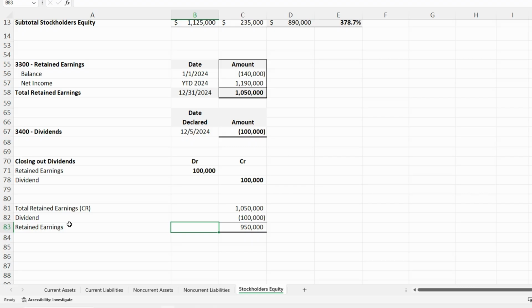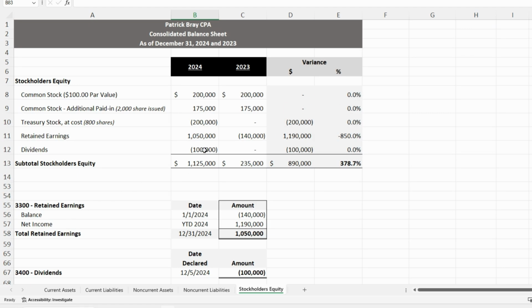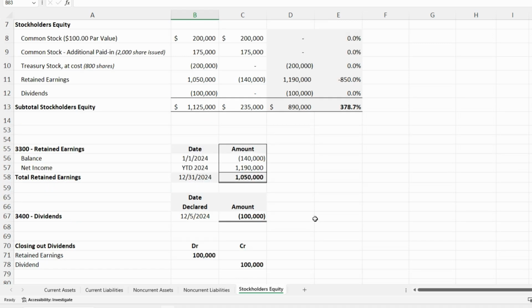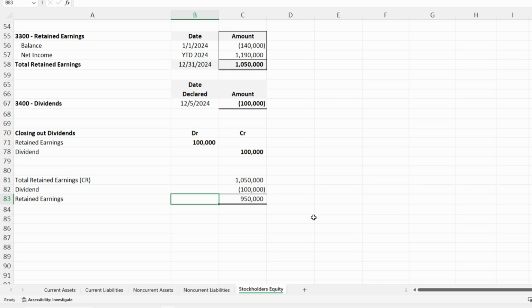Ultimately, the retained earnings will be $950,000 once I close out this dividend that was declared. And the balance sheet will ultimately reflect 0 for the dividend, and it will reflect $950,000 for retained earnings. But I just wanted to go over that so you can see how that happens on the balance sheet, and what happens when you do a year-end close, when you close out dividends to retained earnings.